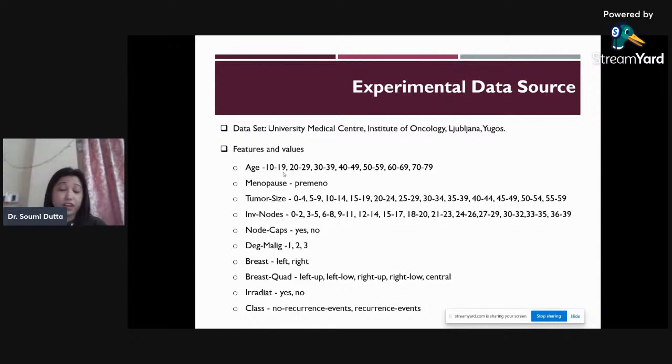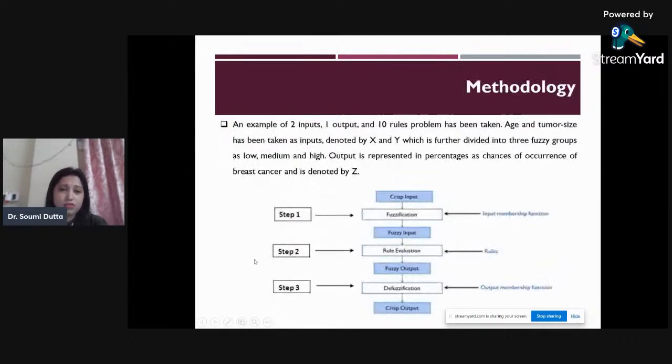Sometimes it is very fast growing, so at what age a person has what probability, you can also consider. Apart from this, a few other features are there: nodes, node caps, and degree of malignancy. It is basically a breast cancer data set that I have considered. Some classes are also mentioned there: no recurrence event or recurrence event.